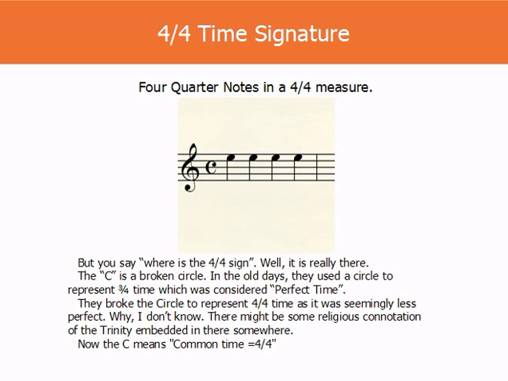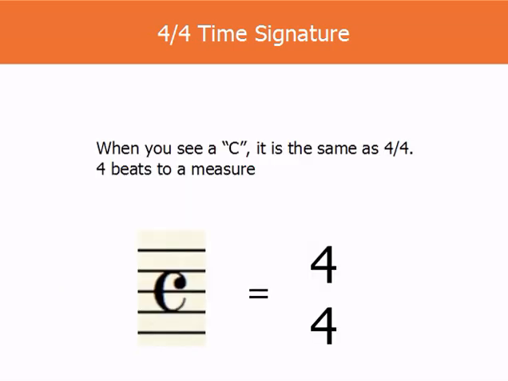Why, I don't know. There might be some religious connotation of the Trinity embedded in there somewhere, but just take it for granted now that C means common time, which equals 4-4. And take a look. That C means the same thing as 4-4.